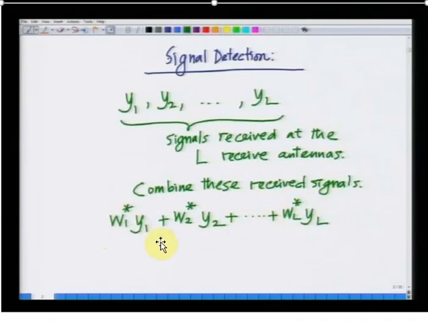So the combined received signal would be given by W1 conjugate multiplied by Y1 plus W2 conjugate times Y2 plus ... WL conjugate times YL.